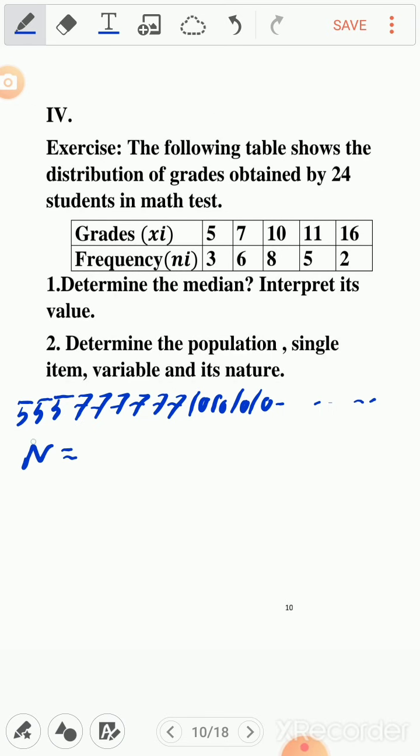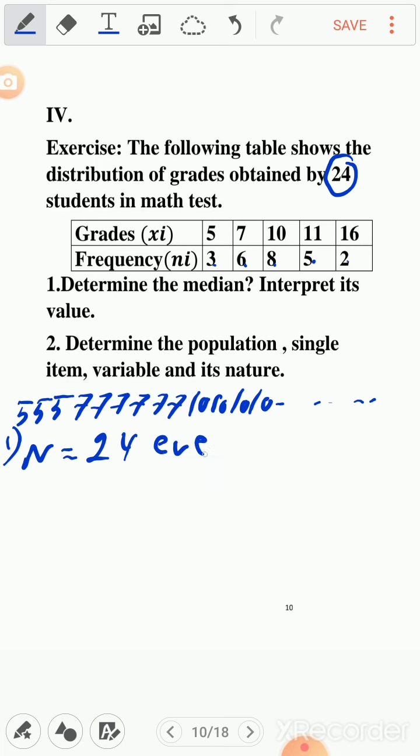We are doing the first part: n is equal to the summation of 3, 6, 8, 5, 2. 3 plus 6 is 9, plus 8 is 17, plus 5 is 22, plus 2 is 24. We are sure that there are 24.